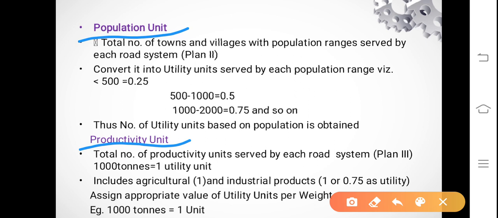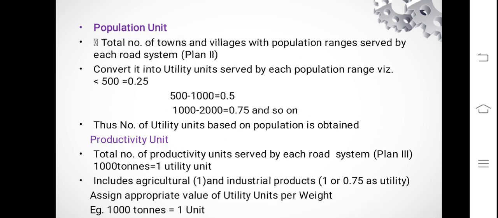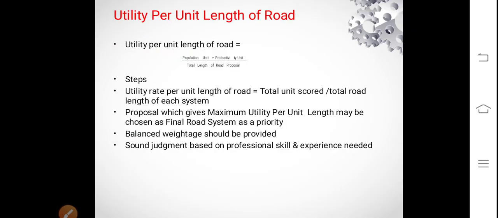If it is industrial product, then it may be reduced to 0.75. However, agricultural utility unit will be kept at 1, which includes agricultural as 1 and industrial products as 1 or 0.75 utility unit. Assign appropriate value of utility units per weight. Example, 1000 tons is equal to 1 unit.